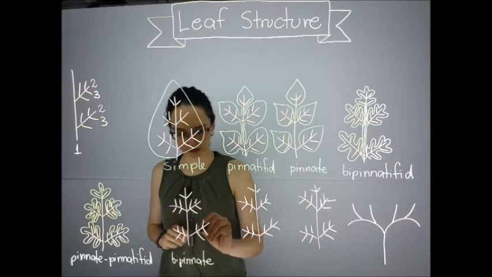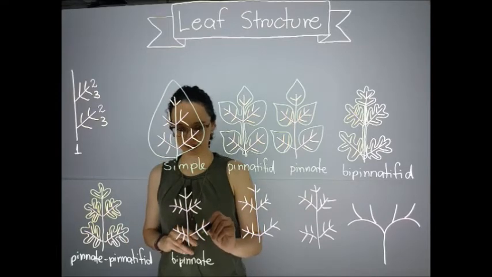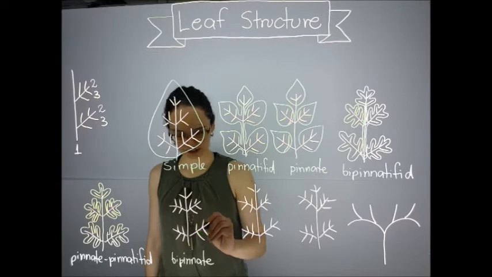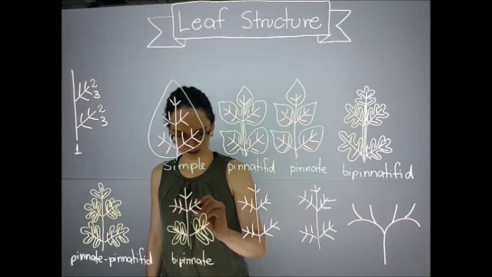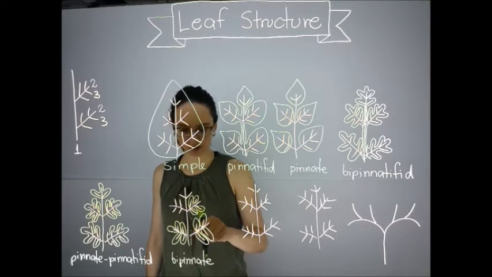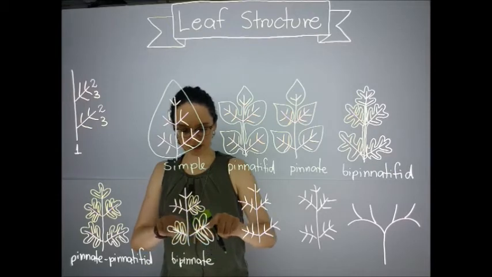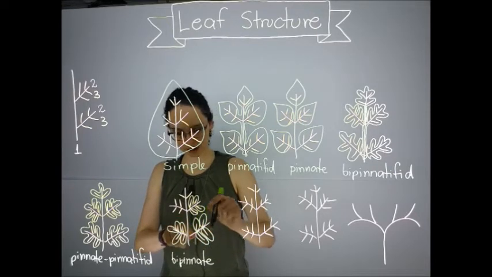So in this case, we have separate leaflets. Oh God, I forgot something else. So what we see is that the secondary axis is free of blade.